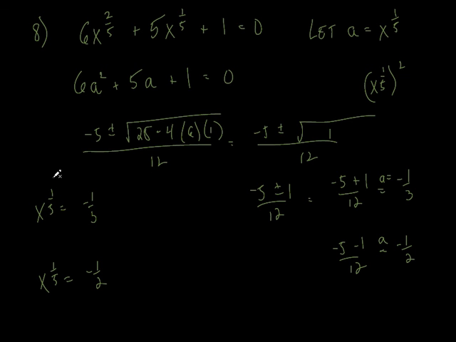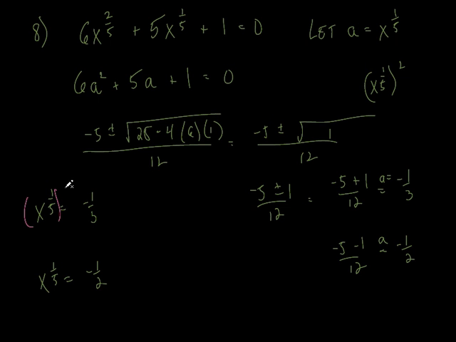Okay, here's the deal with the fraction. So far, that fraction hasn't really bothered us at all, has it? All I did was say let a equal x to the 1/5, and then I don't even have to worry about that exponent until all the way down here at the end. What do I do to get rid of a 1/5 exponent? Multiplying by 5 is not going to get rid of that exponent.